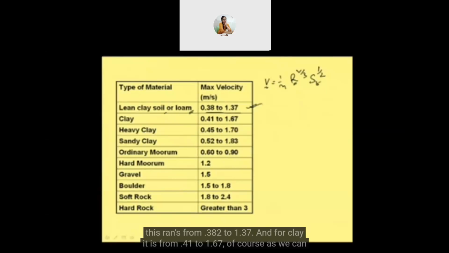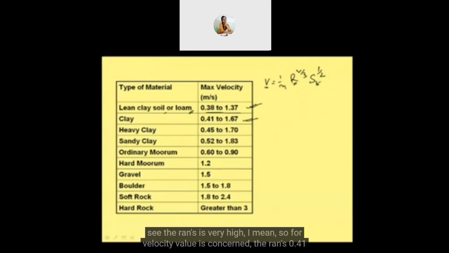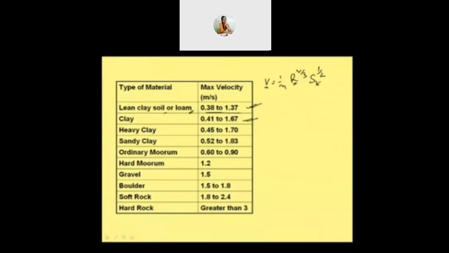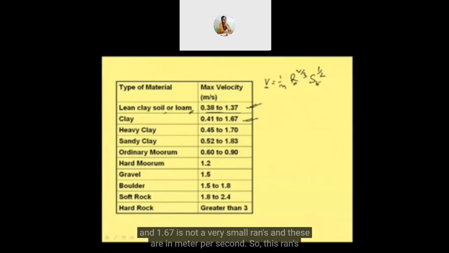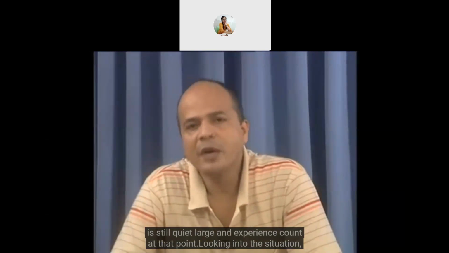And for clay, it is from 0.41 to 1.67. Of course, as you can see, the range is very high. For velocity, the range 0.41 to 1.67 is not a very small range, and these are in meters per second. So this range is still quite large, and experience counts at that point.